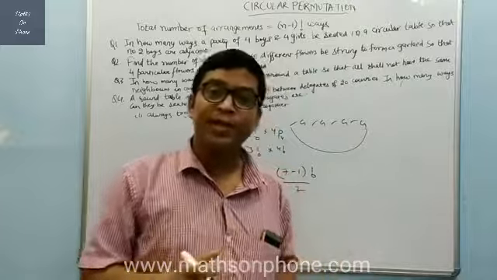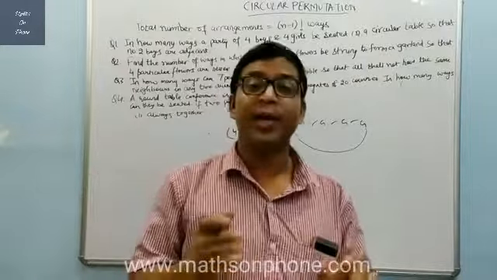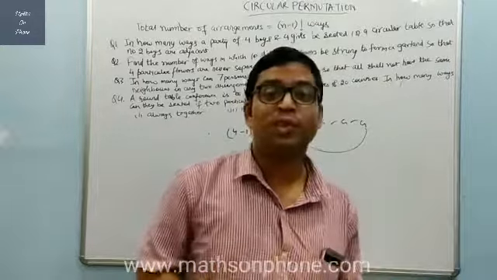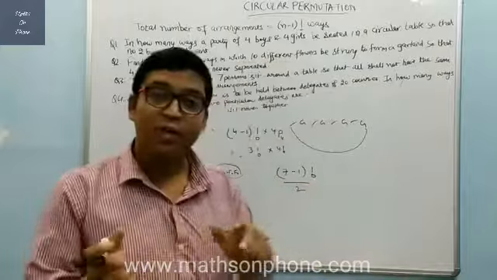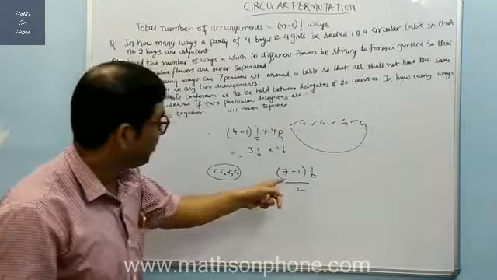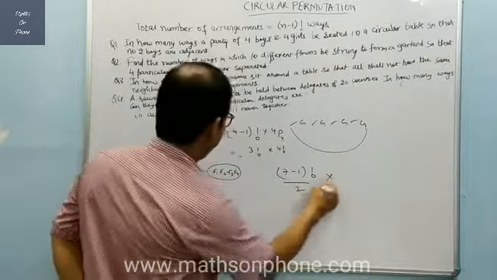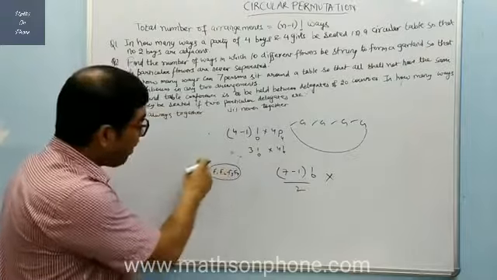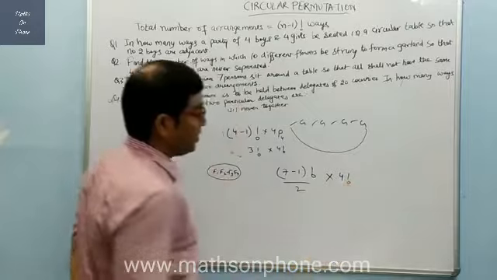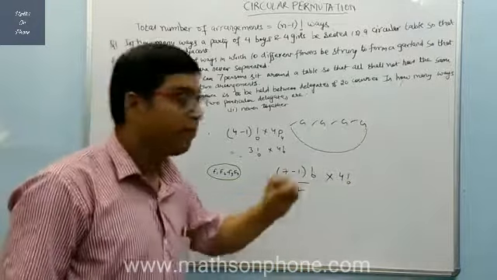In n minus 1 factorial of circular permutation, we take care of the clockwise and anti-clockwise position with respect to a particular thing. But here anti-clockwise and clockwise position is not different. So this is 6 factorial by 2. And now these 4 flowers in the bag can be arranged among themselves in 4 factorial ways. So that is the total number of ways of arrangement.